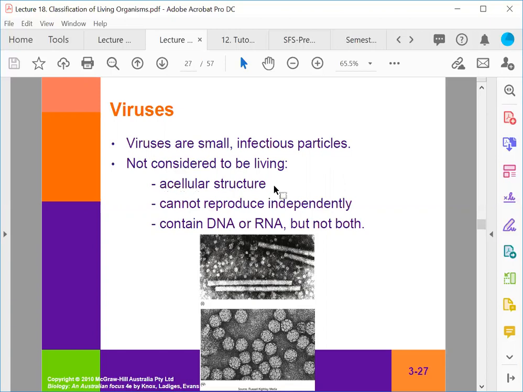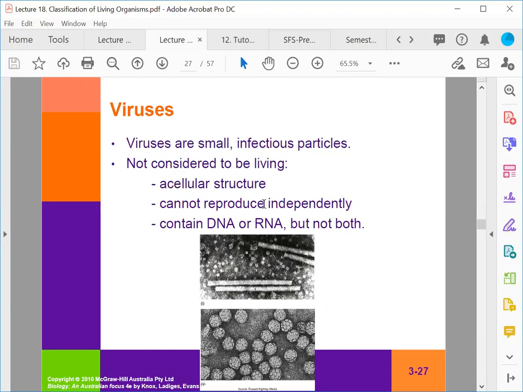And you remember when we talk about cell theory, it states that all living organisms are made up of cells and the products of those cells. Well, viruses are not made of cells. Another reason why they're not considered to be living is that they cannot reproduce independently.